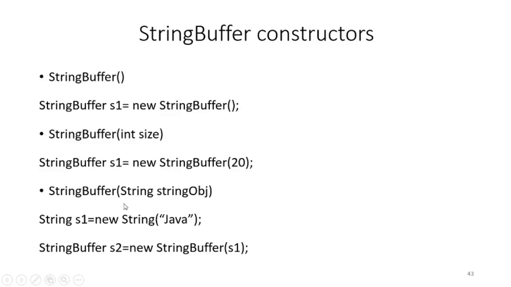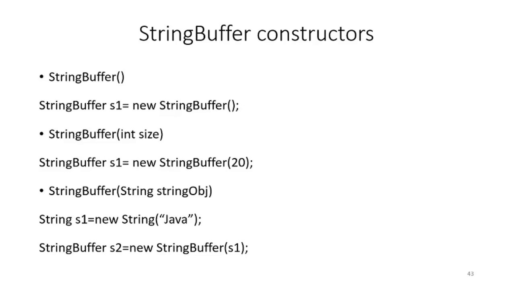Then the third one, StringBuffer(String obj). Here it creates the object using the string object with additional capacity of 16. That means you are passing a string object as a parameter to the StringBuffer object, and it will have the size of these many characters plus the capacity of the StringBuffer, that is 16.